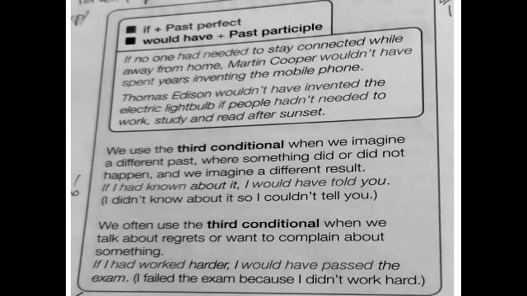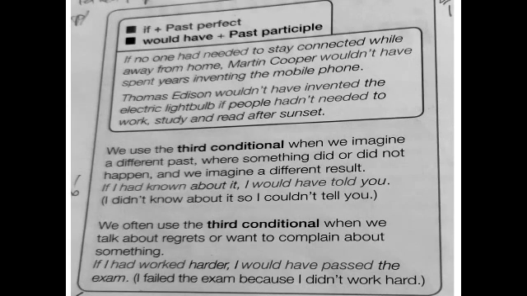We will handle the topic in two parts. The first one, the structure of third conditional, will be discussed, and later on in the next part, the function of third conditional will be described. You see here on the page, two words are given: if plus past perfect, and the second one would have plus past participle.